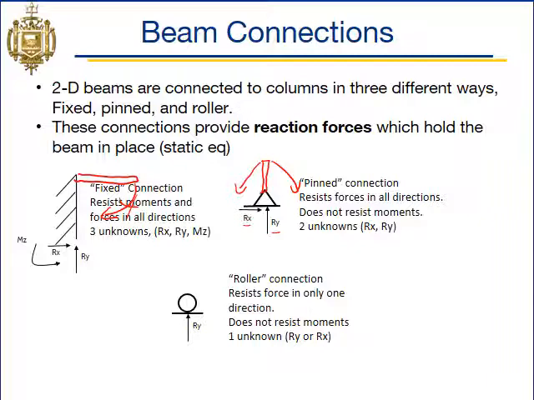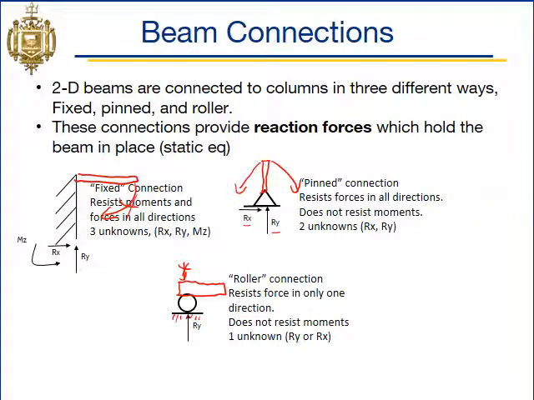All right, and then our final connection is a roller connection. Roller connections only resist one force. So in this configuration, we sort of have a fixed thing right here. So this roller here would only resist a force in the y direction. So if we had a beam here, right, the beam can't go down, right?